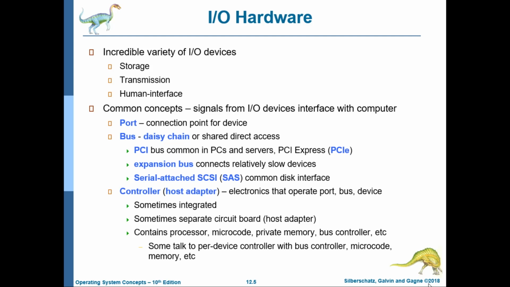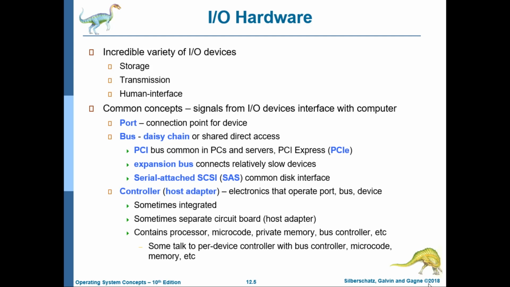Then we have the expansion bus, which connects relatively slow devices. What devices are connected to the expansion bus? We have the keyboard, serial, and USB ports, and then the Serial Attached SCSI, or SAS. I've already discussed SCSI in our previous chapters. It is common for disk interfaces.